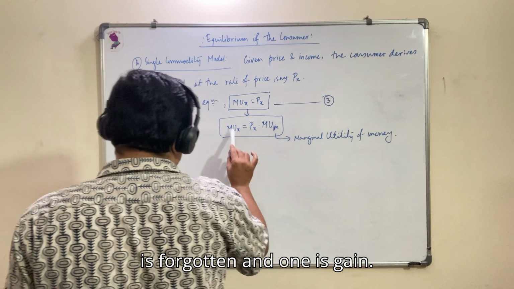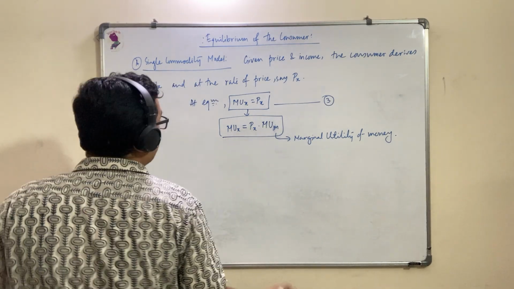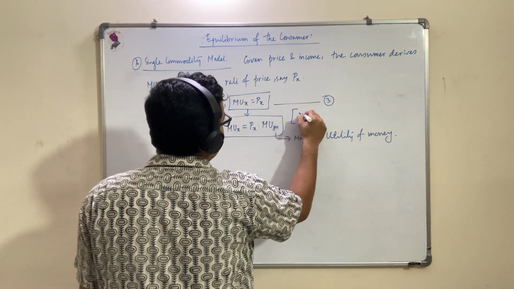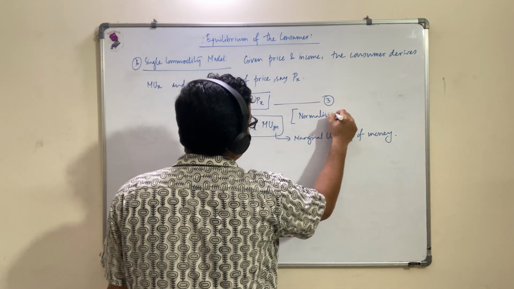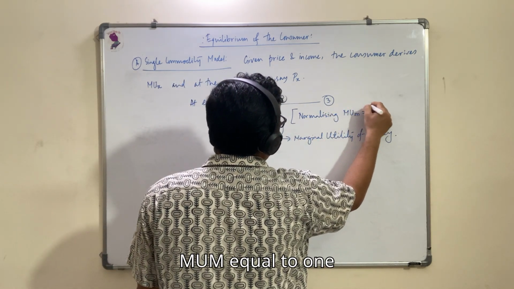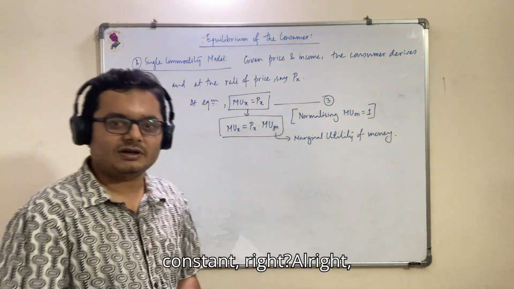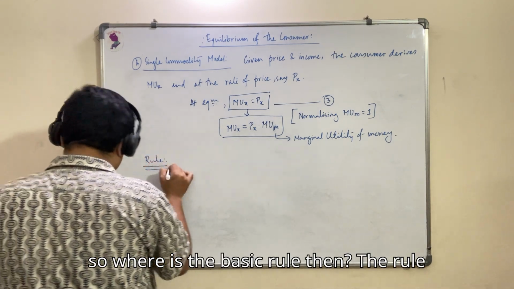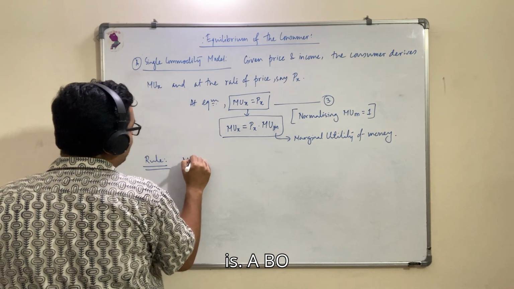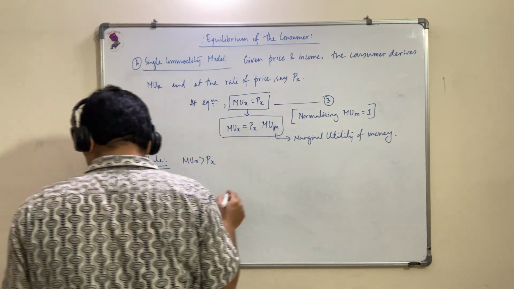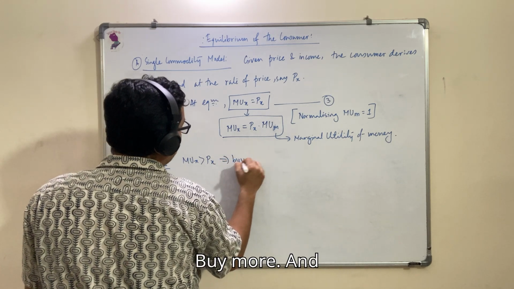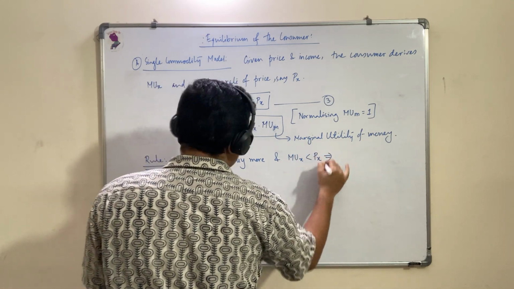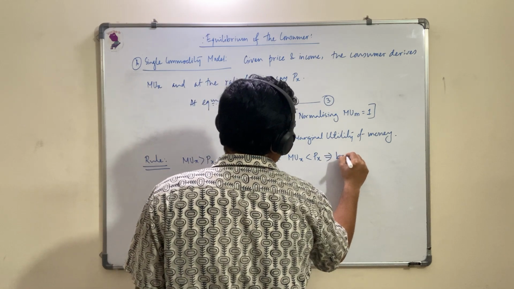One is given up and one is gained. So from here to here we have a hidden assumption, that is normalizing MUM equal to 1, because we have assumed it to be constant, right? Alright, so what is the basic rule then? The rule is MUX greater than PX implies buy more, and MUX less than PX implies buy less.